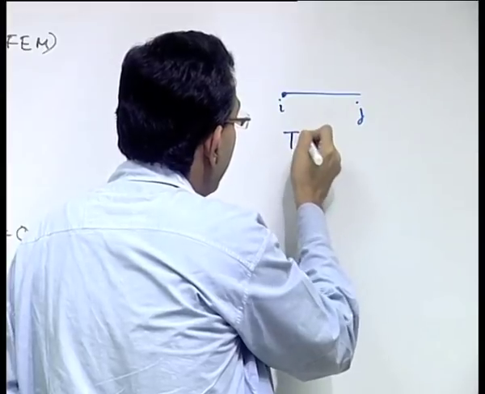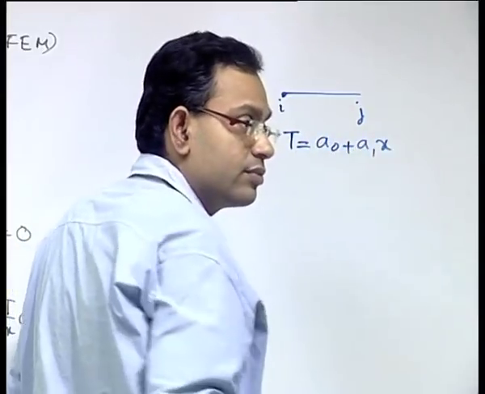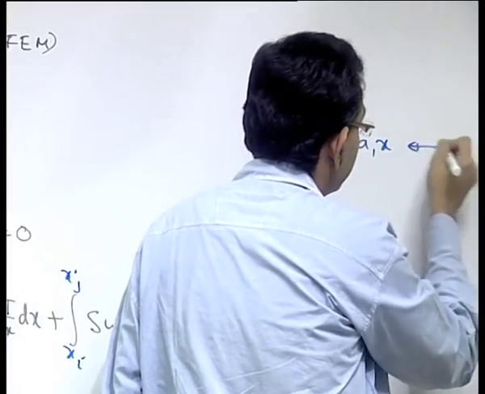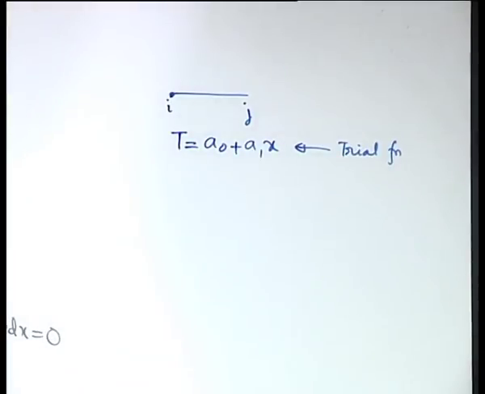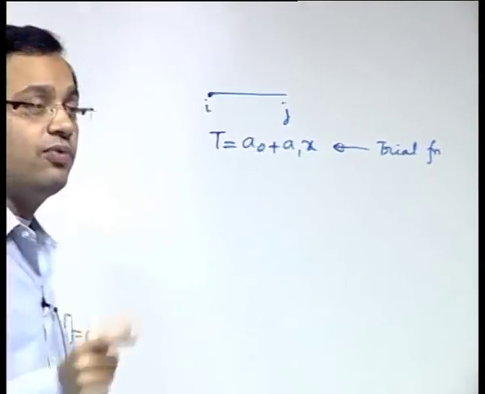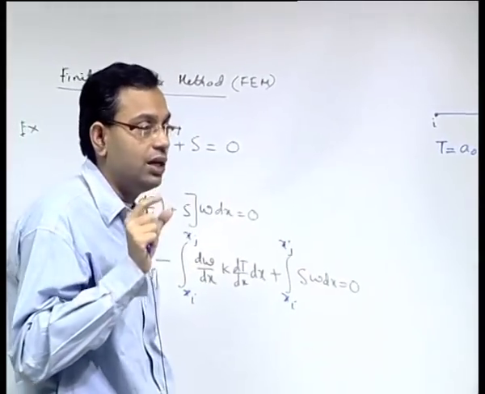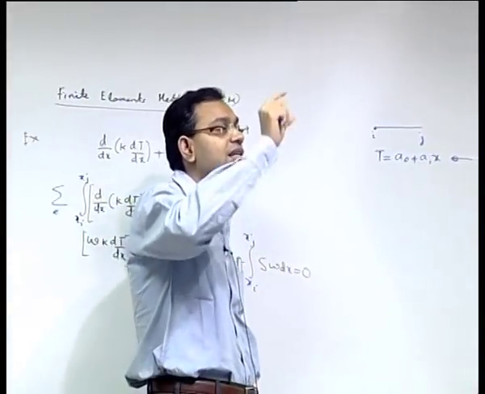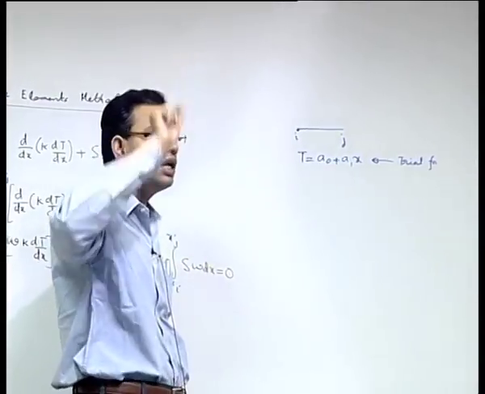So, you can have a trial function T is equal to a0 plus a1x. Remember, the trial function you are making valid within each element, not a global trial function, but a trial function that is valid over individual elements. So, it is a piecewise linear interpolation that you are considering, it is not a global single linear interpolation.